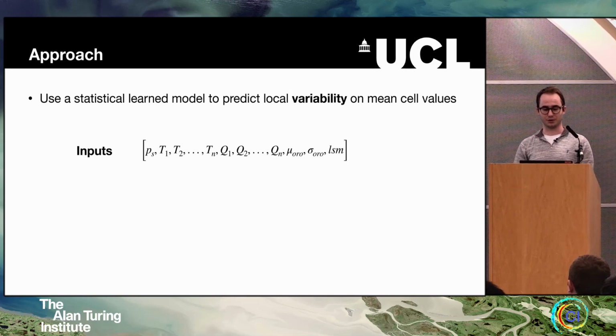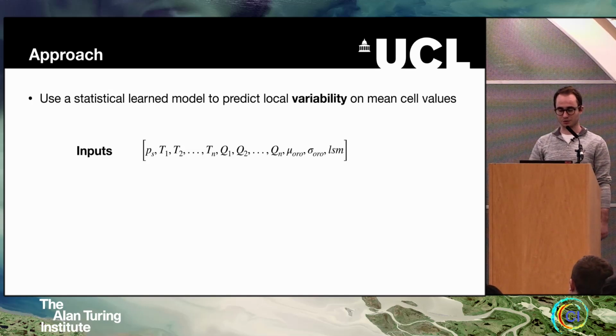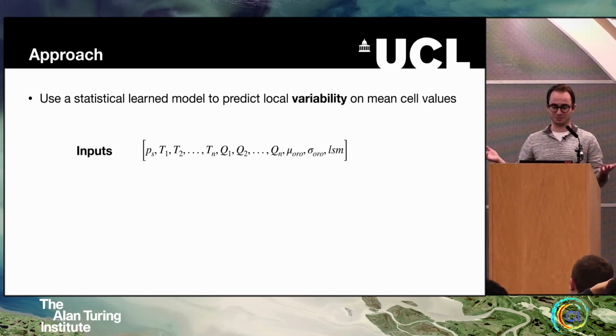If you imagine for the climate model, those grid cells cover quite a large area, and the orography can vary quite significantly in that particular grid cell. So what we're considering here is the mean of that non-random function of land and how much it varies within that particular grid cell. So that's those 2 there. And then we have the land-sea mask as our final input.